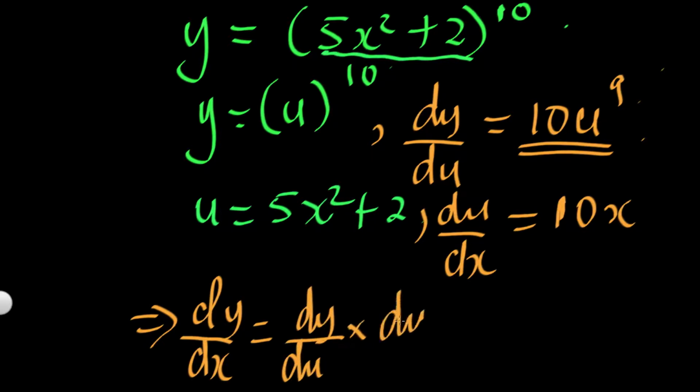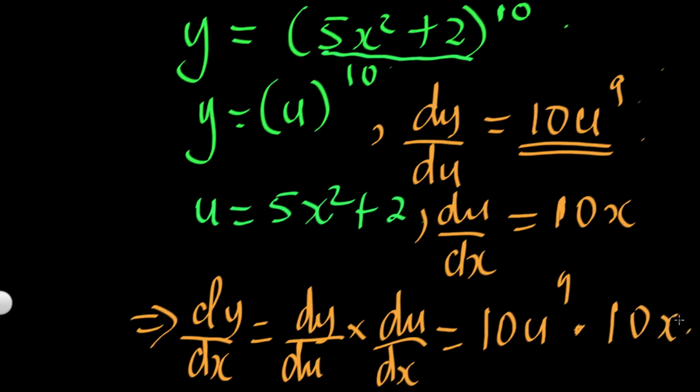times du/dx. So our dy/du, we have it here, is 10u to the power 9 times 10x.